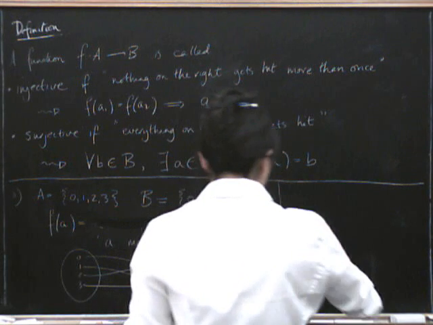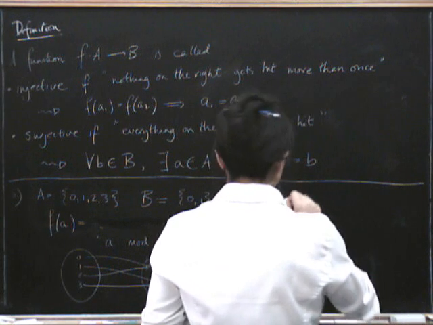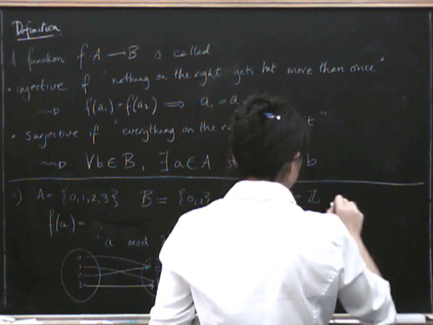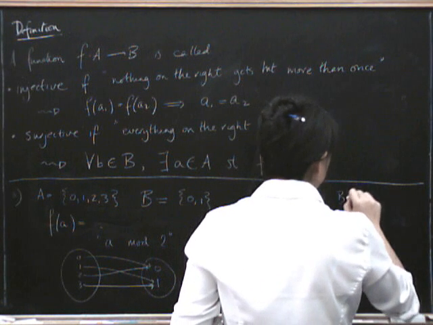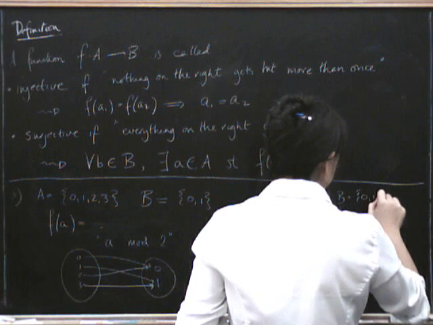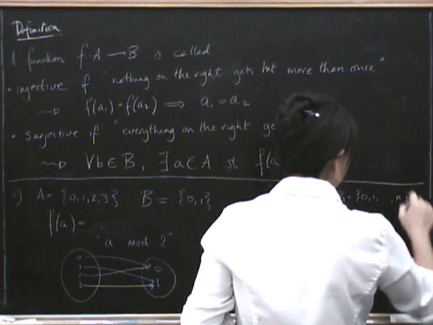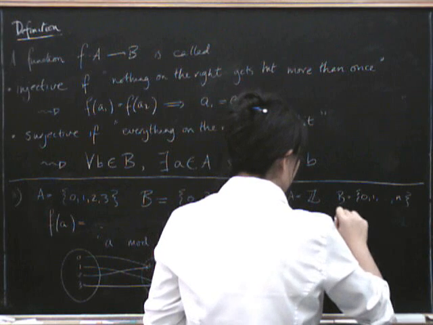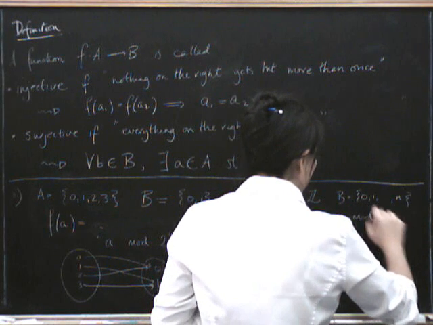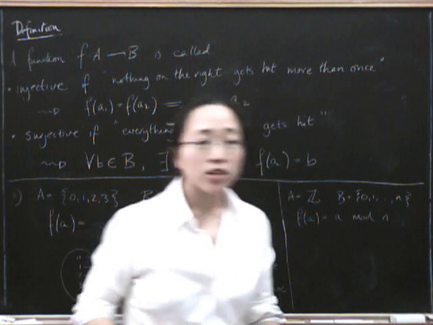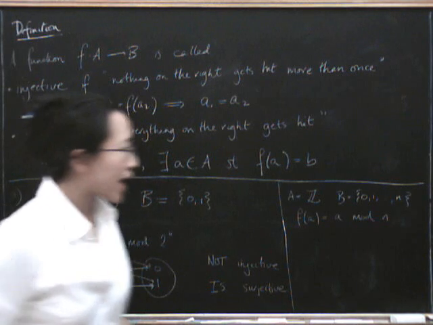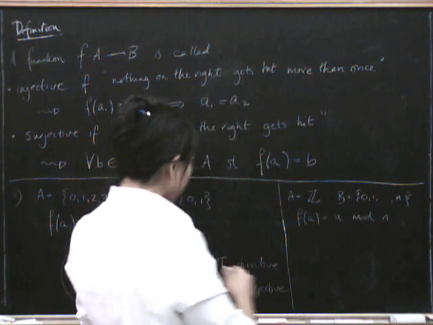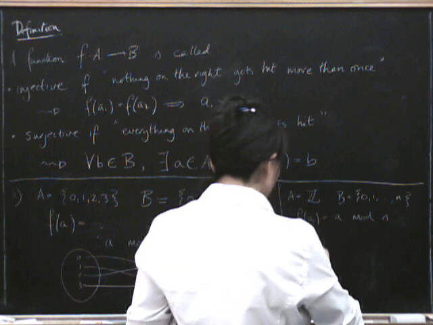We could also do A being all the integers, B being the integers 0 up to n, and we could say that f of a is a mod n, which means the remainder that you get when you try and divide a by n. In which case, what's going to happen? It's still not going to be injective.